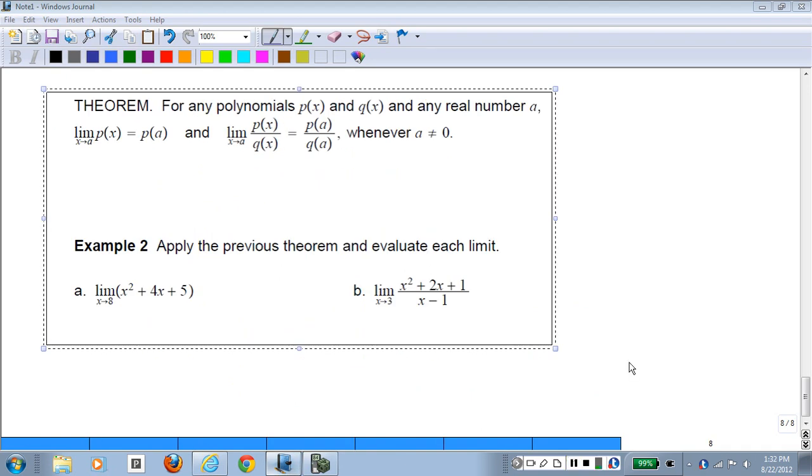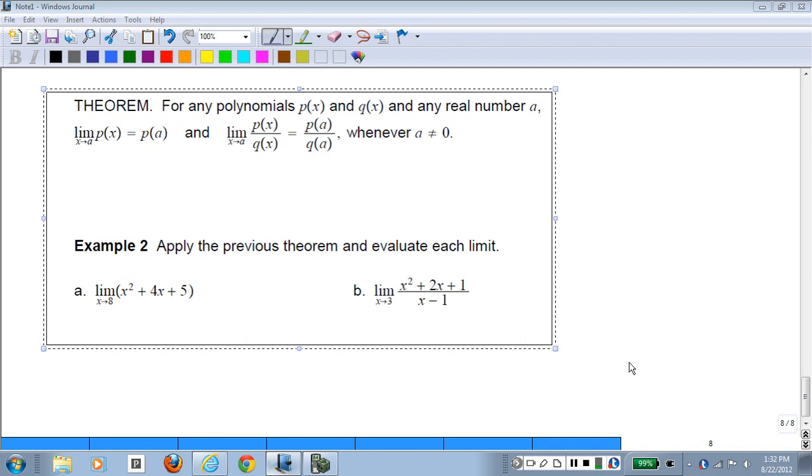We have a theorem about polynomials, and it's extended to rational functions. Rational functions are those that can be defined as a polynomial over a polynomial, so long as the polynomial in the denominator is not the 0 polynomial. Limit of a polynomial function as x approaches a is equal to what you get when you evaluate the function at a, p of a, basically.